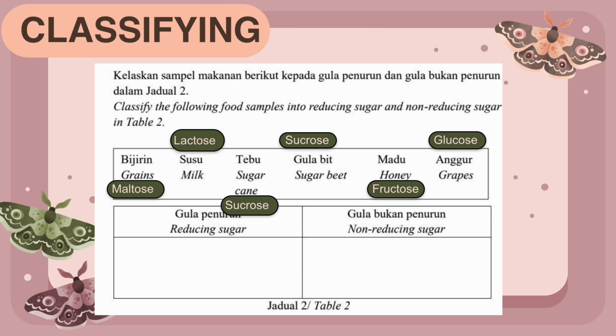Okay, in order to classify this food whether they are reducing sugar or non-reducing sugar, of course you need to identify what type of carbohydrate this food contains. For example, grain contains maltose, milk contains lactose, sugarcane contains sucrose, sugar beet contains sucrose, honey contains fructose, and grapes contain glucose.